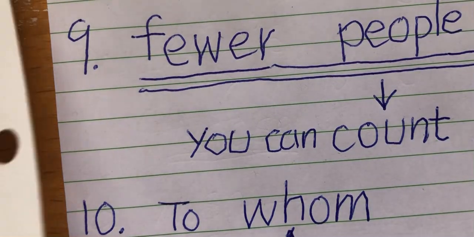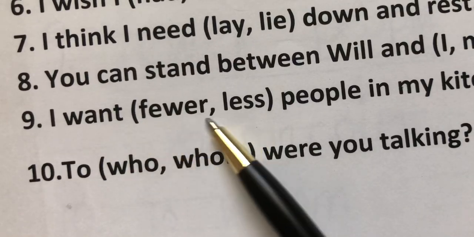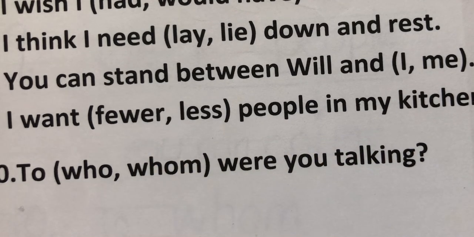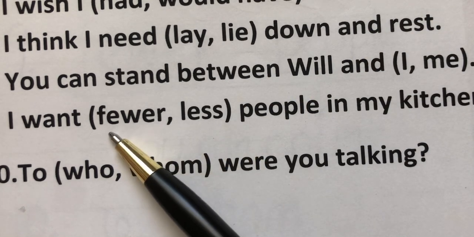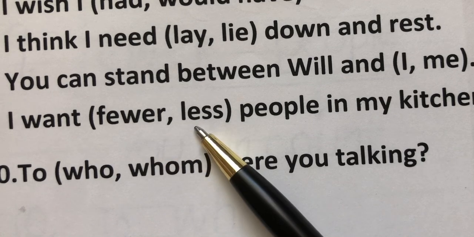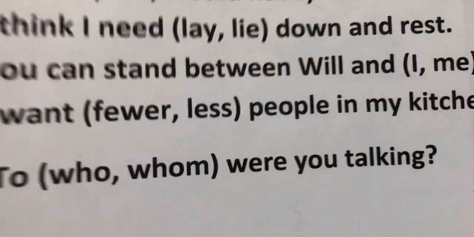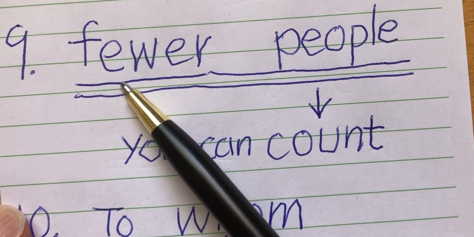Number 9. I want ___ people in my kitchen. There are too many people in my kitchen, so I want not so many people. Which one do you choose? There is a difference between these two words, fewer and less. The difference depends on the next word, people. So in this case, you choose fewer, not less.